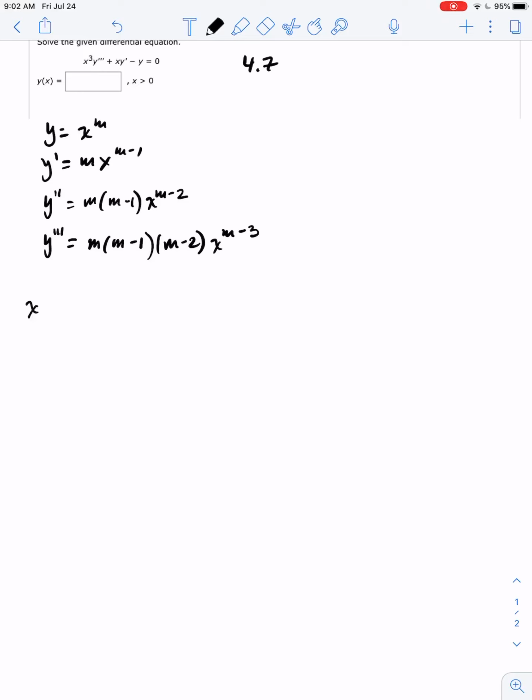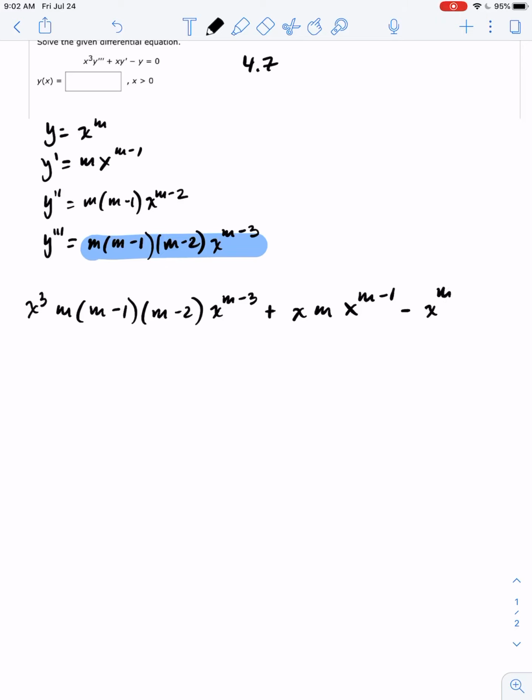So you'll have x cubed, and then this whole thing, plus x times the first derivative, and then minus the function x to the m equals 0.